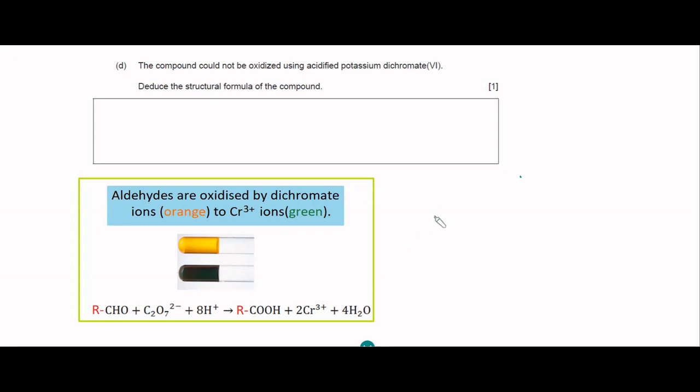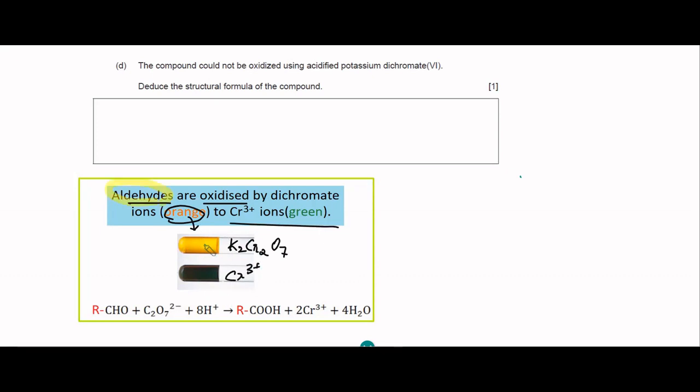As far as an aldehyde is concerned, aldehydes are oxidized by dichromate, which is orange in color. This is a dichromate solution, K2Cr2O7, potassium dichromate solution, which is orange in color. That will be reduced to Cr3+, the green colored Cr3+ ions.